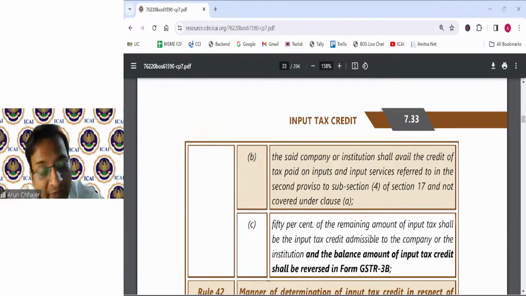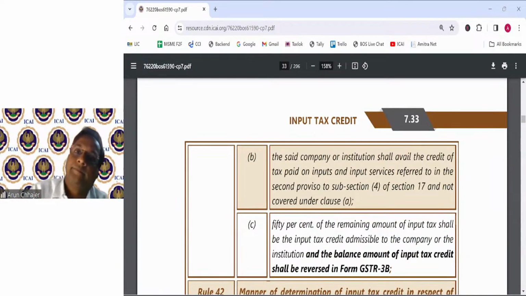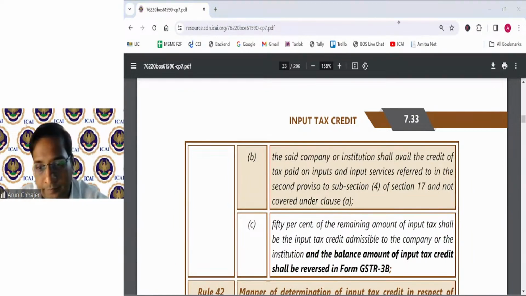Balance items, if you have the eligibility on the balance items, if you think it is covered under the normal allowable category in 17 subsection 5, it is not blocked, then they will avail.